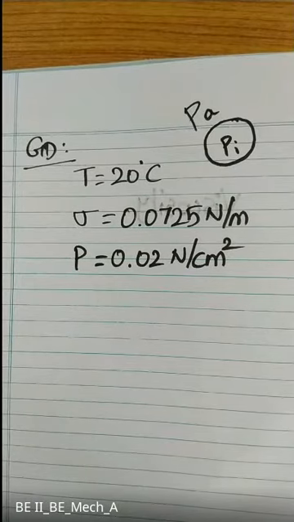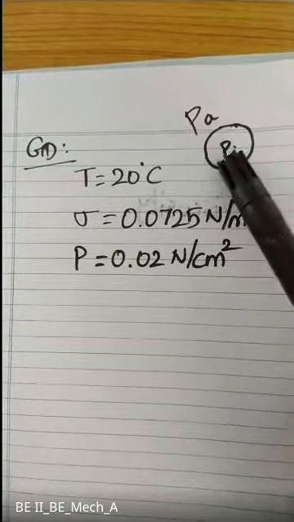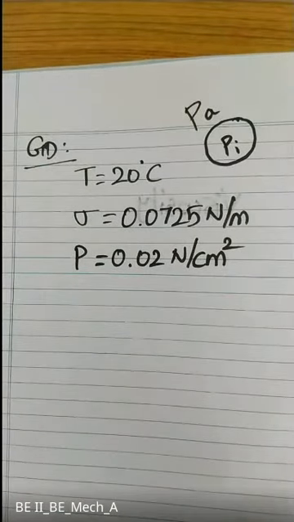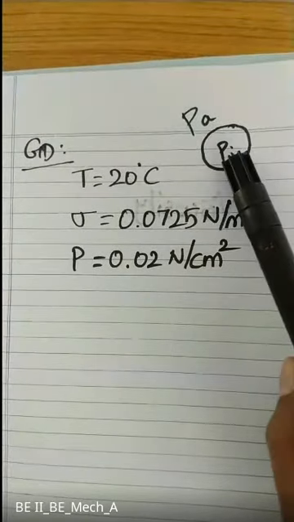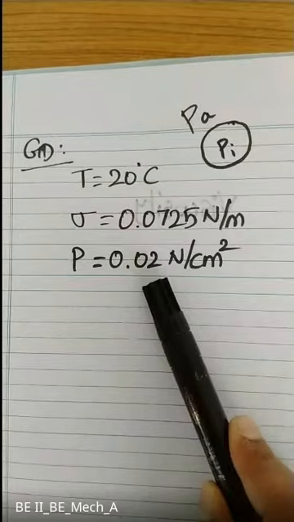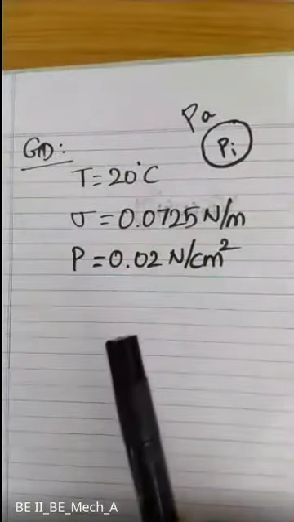So what does this mean? That is, Pi is equal to Pa plus 0.02. Actually, in our problems we need this kind of greater values.